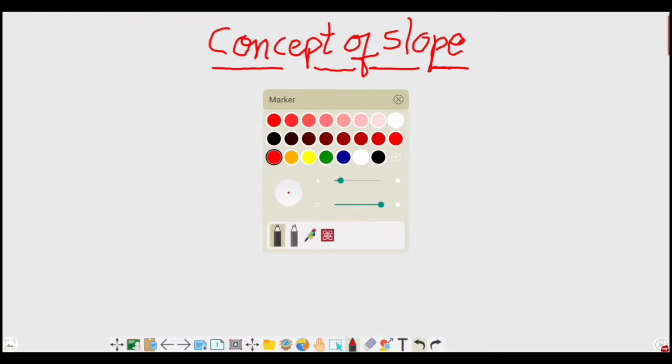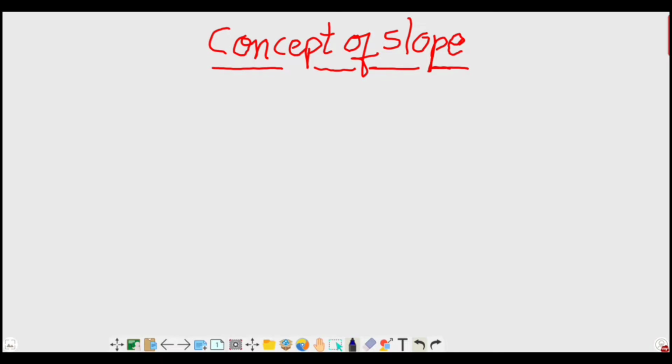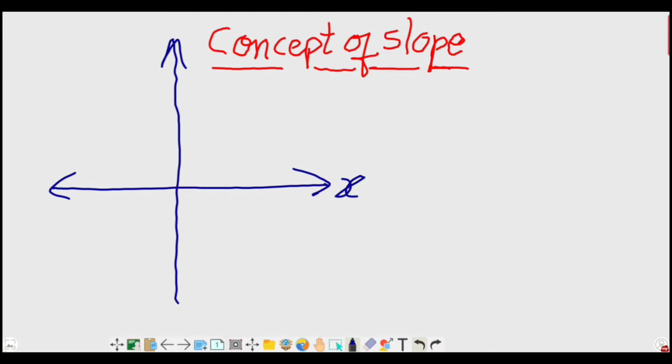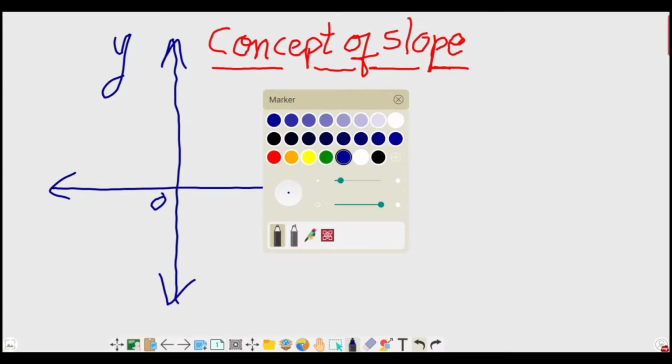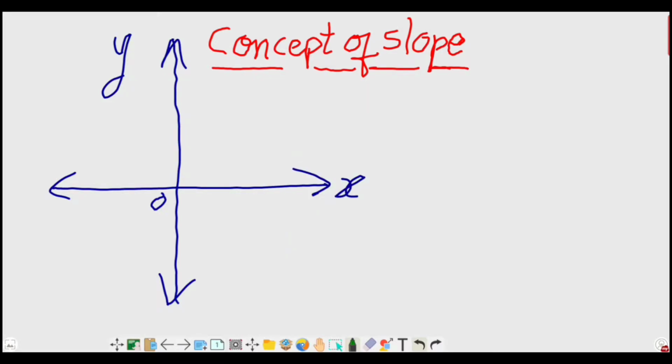Now students, let's discuss the concept of slope. You know that whenever we are considering x-axis and y-axis, we are dealing with coordinate geometry. Suppose this is my line AB.